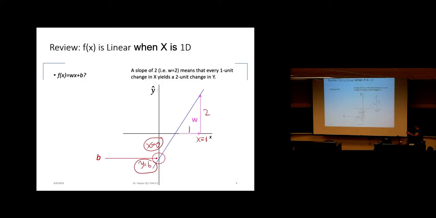So let's do a very simple example. In this formulation, you already know the f. But our task is, we are given training data and we do not know f.